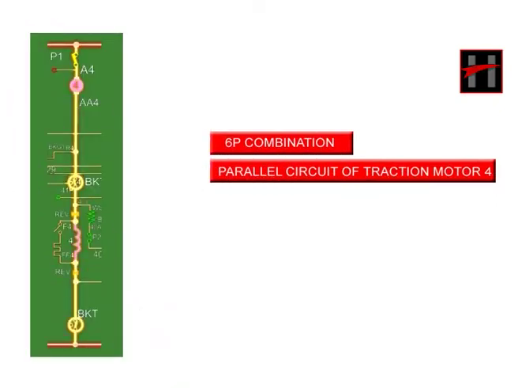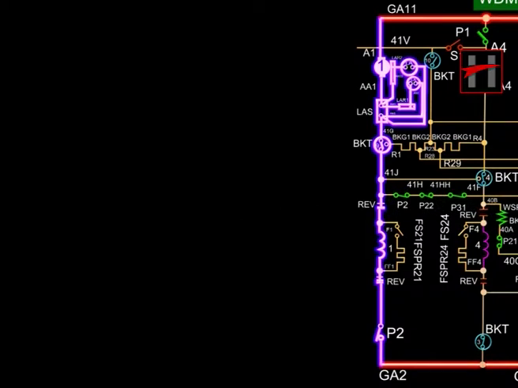The current flow in the parallel circuit of traction motor 4 is as follows. The current flows through power contactor P1 and cable A4 and energizes traction motor 4.